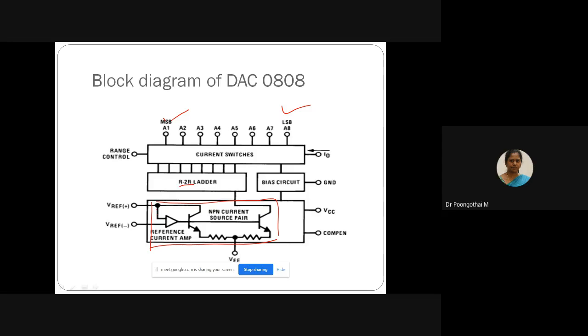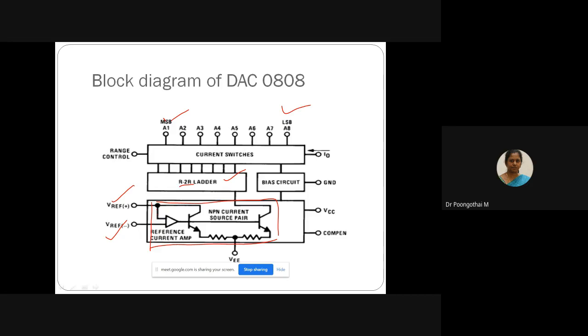The conversion is performed with the help of the R2R ladder and reference current amplifier. The R2R ladder is the basic technique of DAC. Also there is a reference current amplifier, which is going to provide the external reference signals V reference plus and V reference minus.